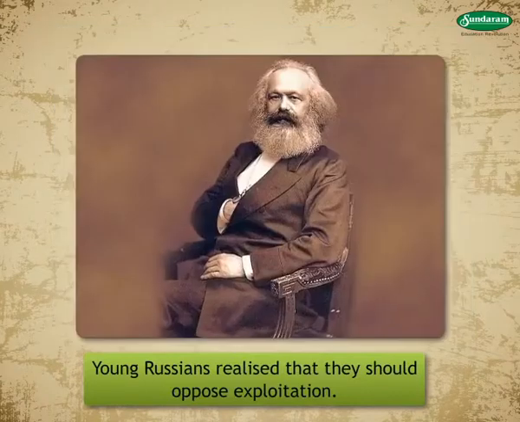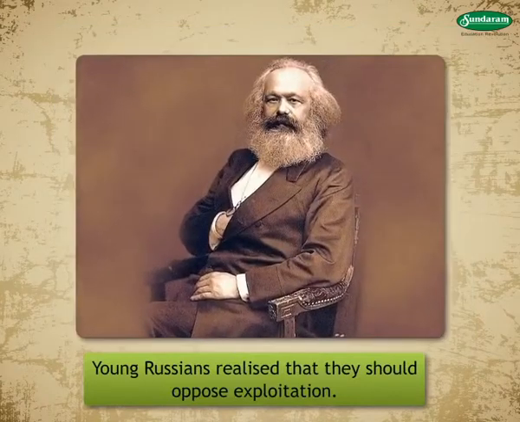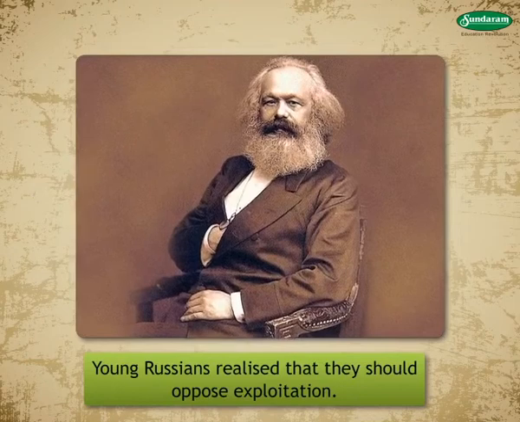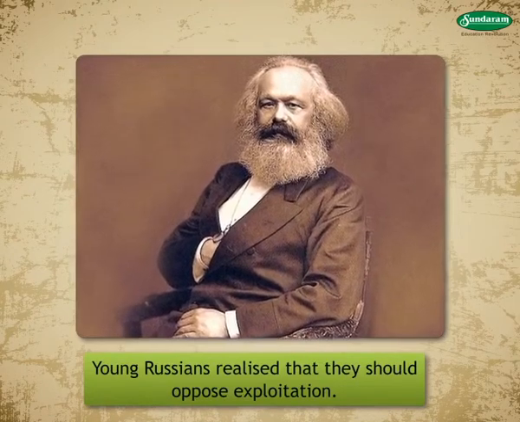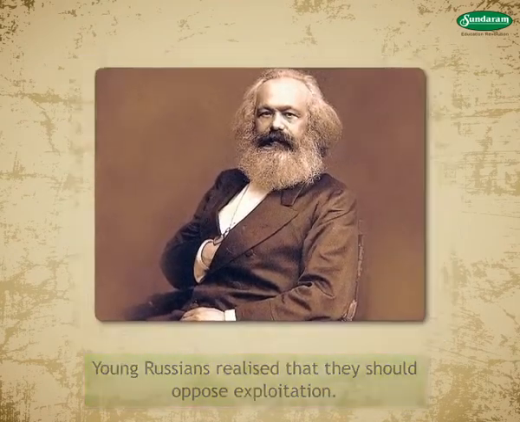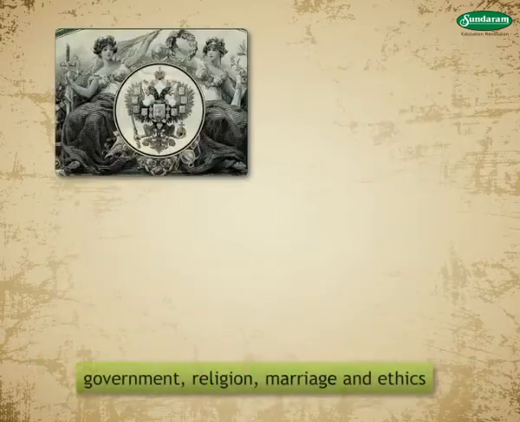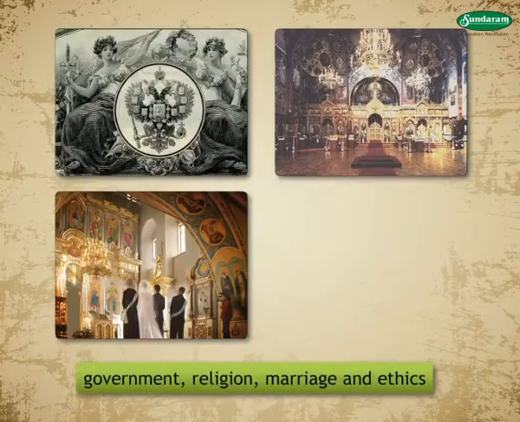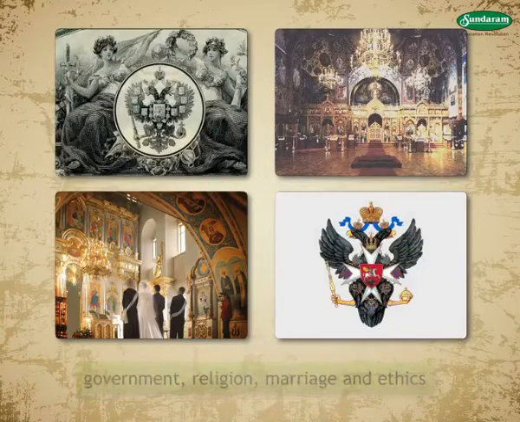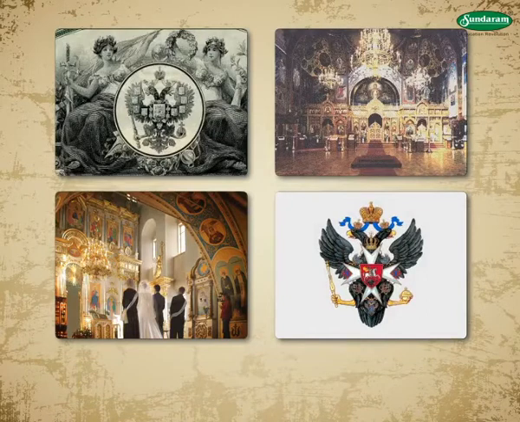The young university-educated generation realized that they should oppose the political, social, and economic exploitation. Nihilist thinkers wanted an intellectual society with total freedom from government, religion, marriage, and ethics. The communist philosophy of Karl Marx also contributed to the revolution.